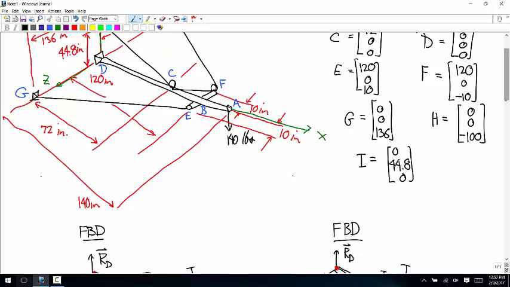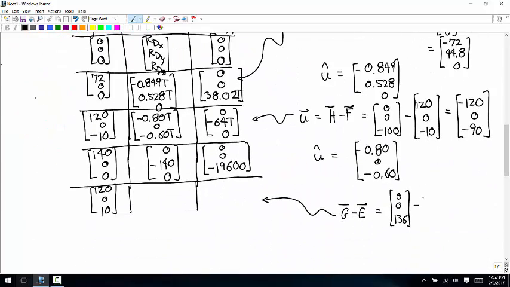E is 120, 0, 10. This is what I always call that U vector. So you get negative 120, 0, 126.